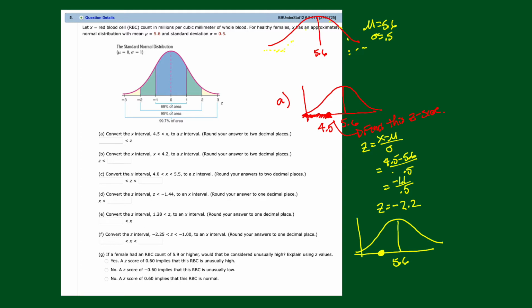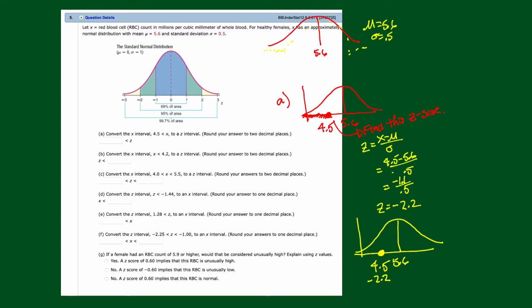So 4.5 is to the left of x. So we have changed that now to a z-score. This is 4.5, and our z-score is negative 2.2.